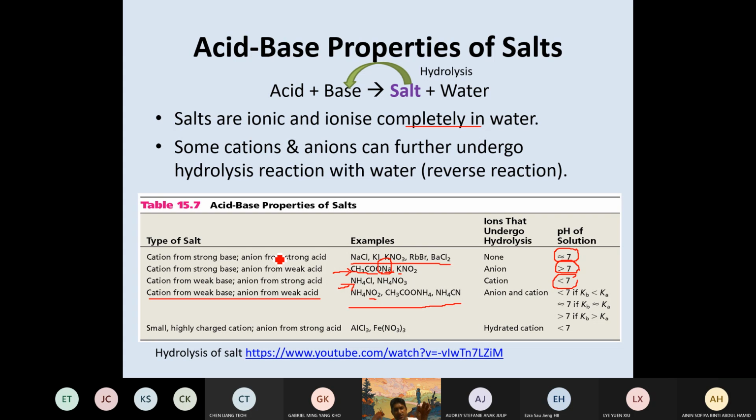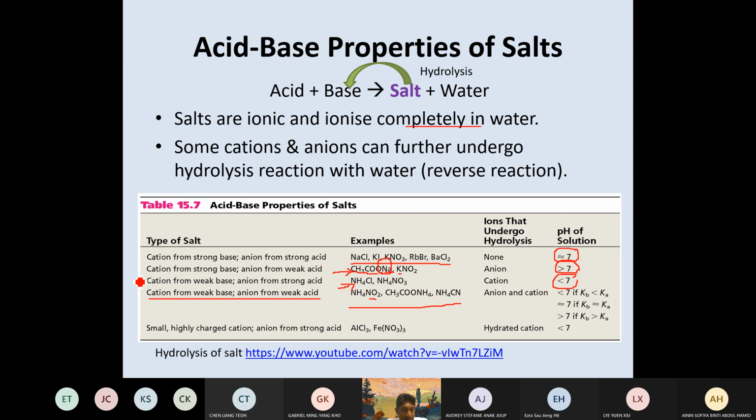If the Ka is stronger than Kb, it will be more acidic. If the Kb is more than Ka, it will be towards the basic nature of the solution. So this type of generalization is quite helpful for understanding the hydrolysis of the salt and which side the salt solution is going to be.